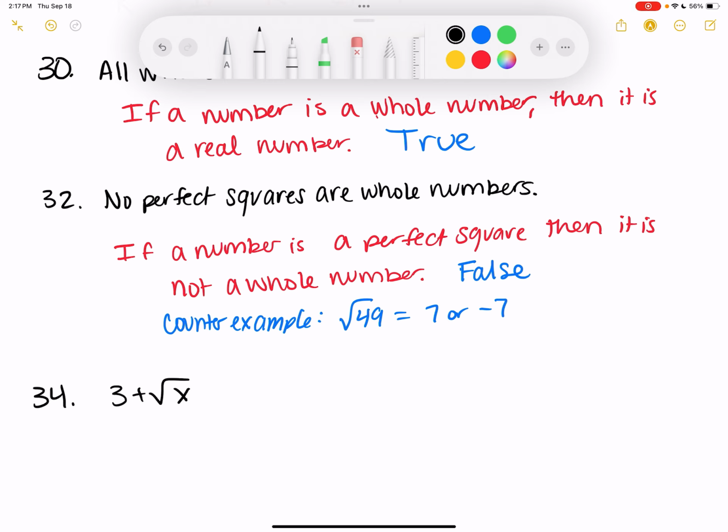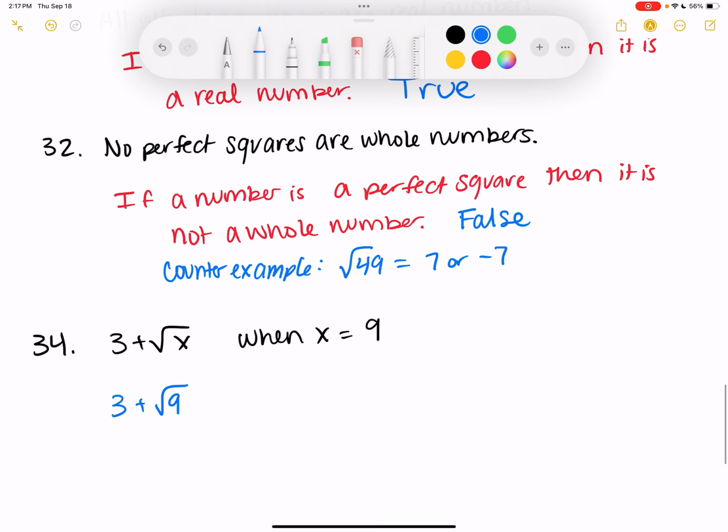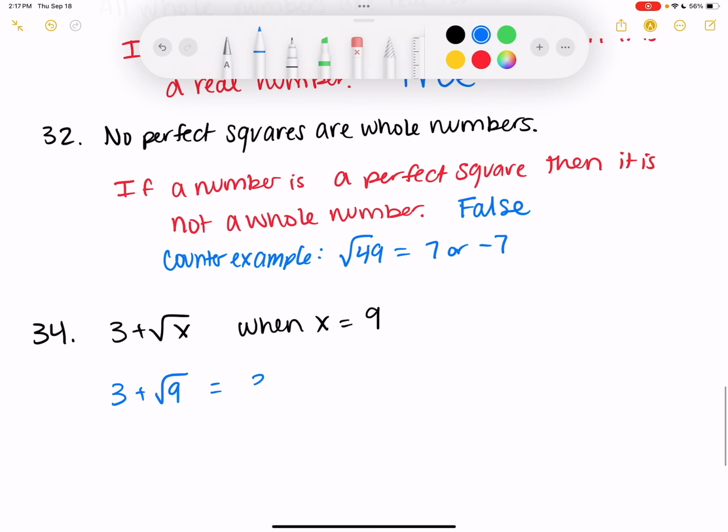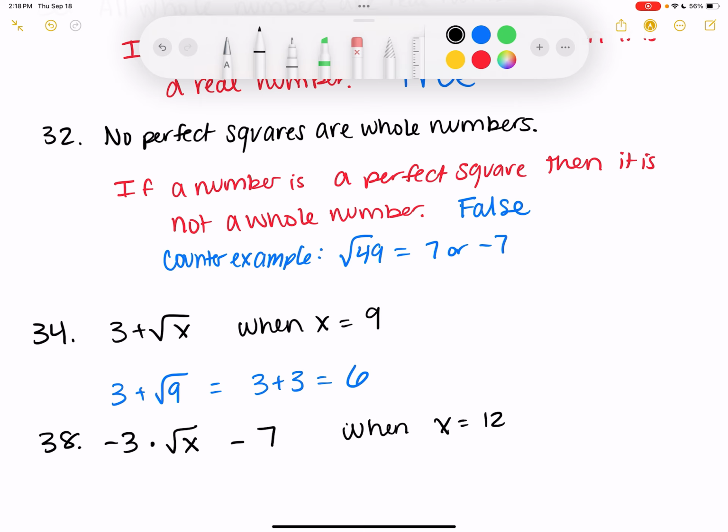3 plus the square root of x when x is equal to 9. So I'm going to replace x with 9. So I've got 3 plus the square root of 9. What's the square root of 9? 3. So I've got 3 plus 3, which is 6. 38. Negative 3 times the square root of x minus 7 when x is equal to 121.